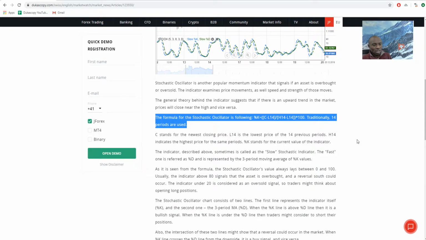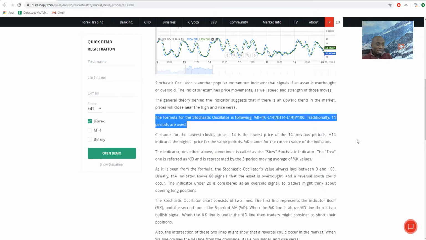I will explain that to you shortly. And number three, it helps you filter the asset or the currency pair, whichever. So it's a very good indicator which I decided I will be using in the future.